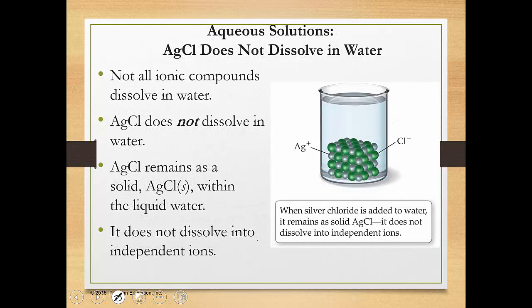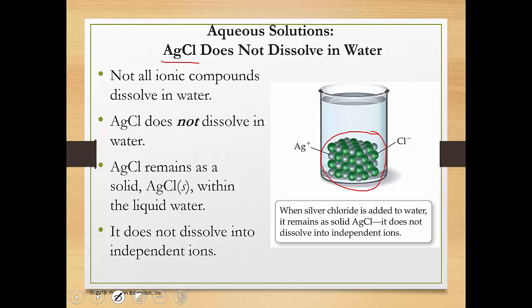Now, we can have compounds, as we said, that are non-electrolytes, and then we can have compounds that just don't dissolve at all. And silver chloride is one of these compounds. Silver chloride doesn't do anything when you put it in water. We pour it in, it falls to the bottom. Now they're showing it here in sort of a cubic form, but it's just going to fall as a pile of powder in the bottom of the water.